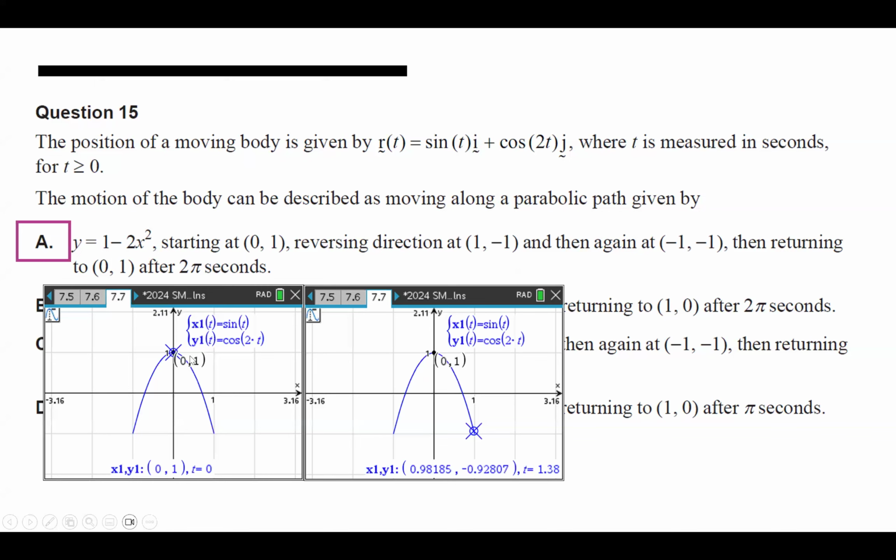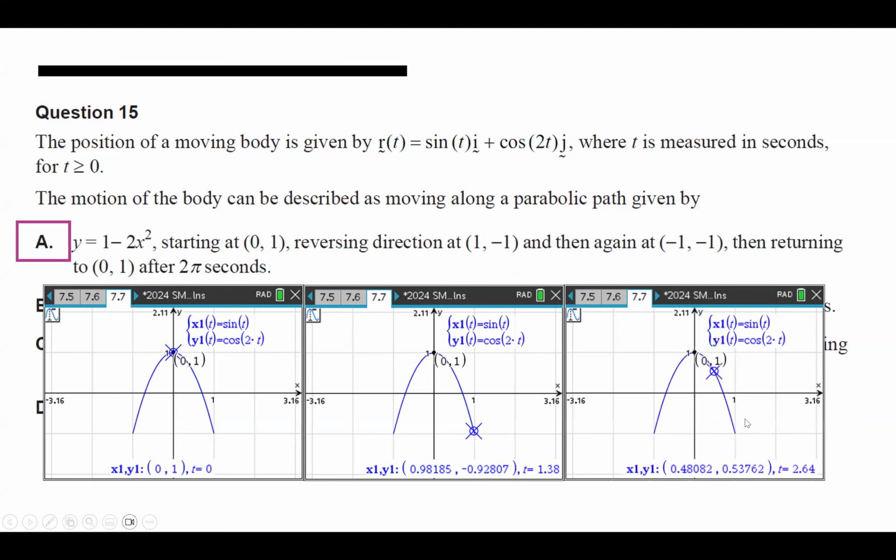Don't confuse between t, x, y. Once you increase t up to 1.38, then 1.57, which is pi over 2, you reach from 0, 1 to this corner, 1, minus 1. Then it comes back to 0, 1, goes to the left endpoint, and comes back again. So option A is your correct option.